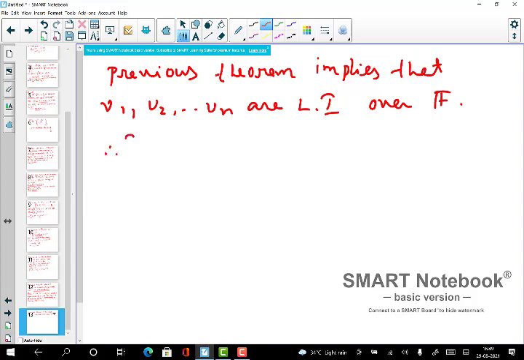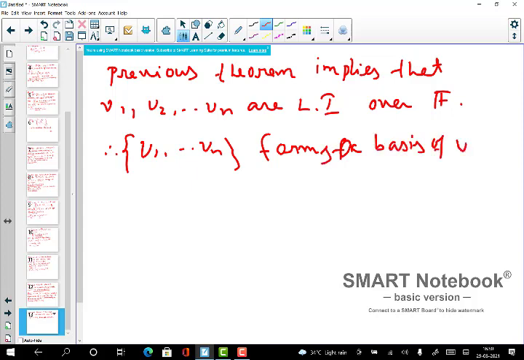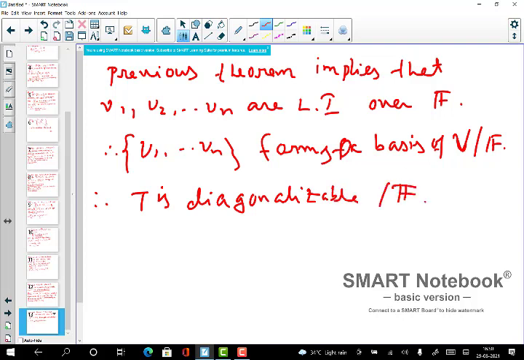So thus V1, V2, up to Vn forms a basis of V over F. And this is one of the definitions: if we have a basis consisting of eigenvectors, then T is diagonalizable over F. So this is the proof.